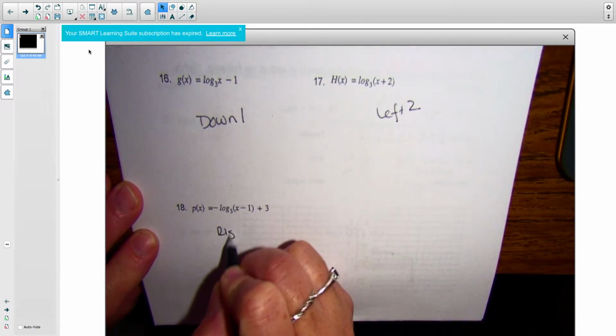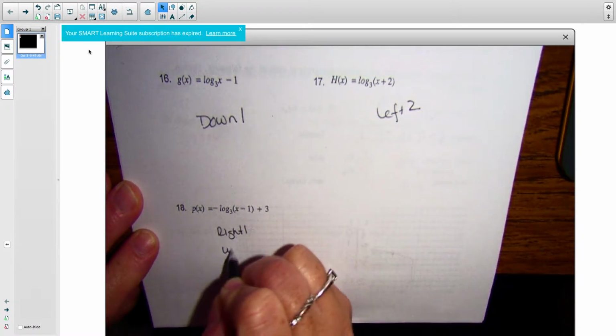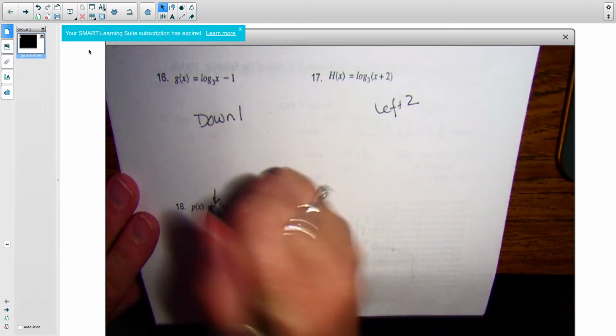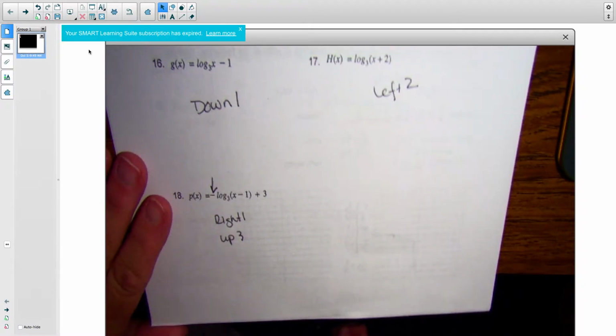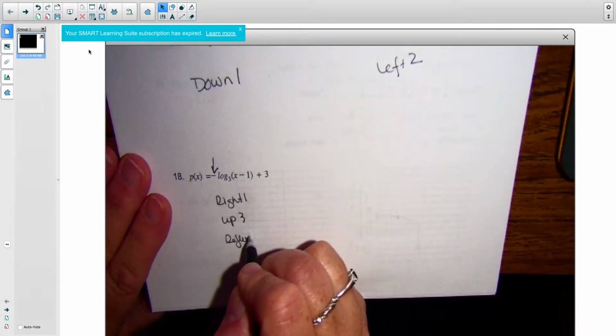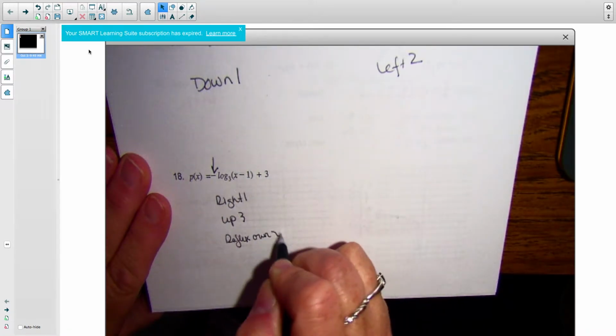Right 1. Up 3. Is that it? We got this negative in front of it. What's that do? So it reflects over x.